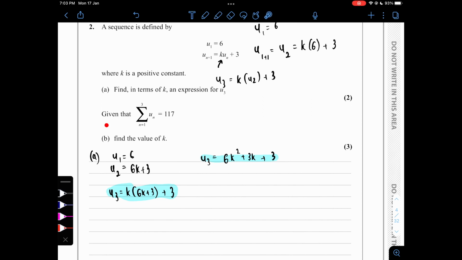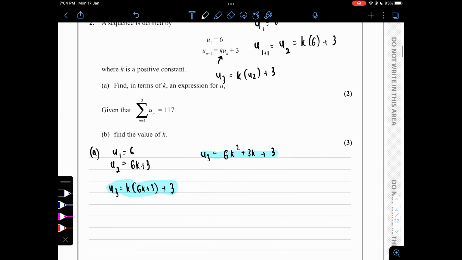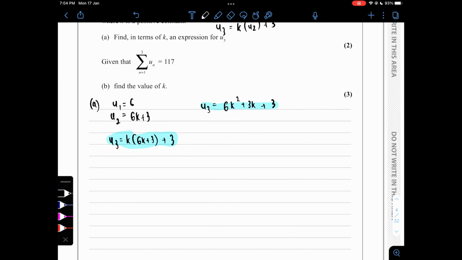Given that the sum of the terms 1 to 3 of this sequence is 117, find the value of k. Now, do we have the first 3 terms? Yes, we do. We have term 1, term 2, and term 3. So in this case, we can just add them all together.